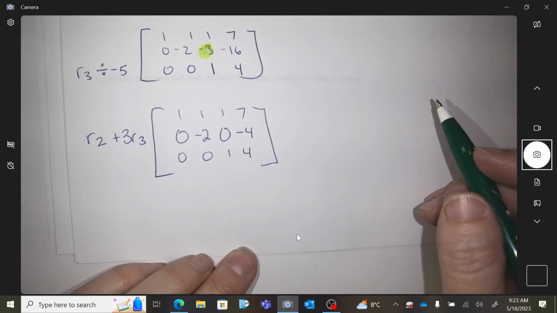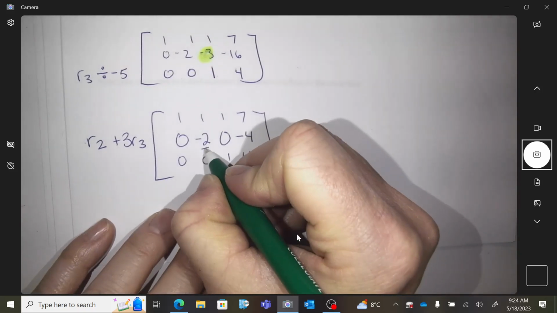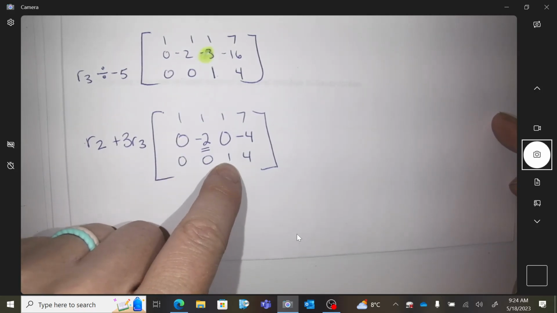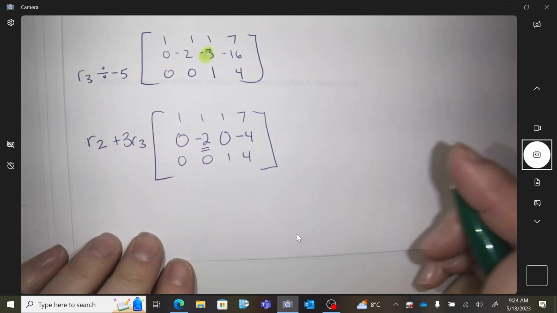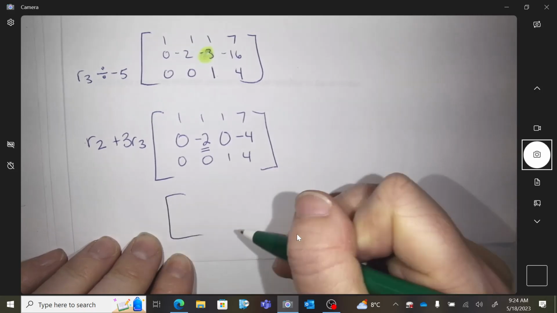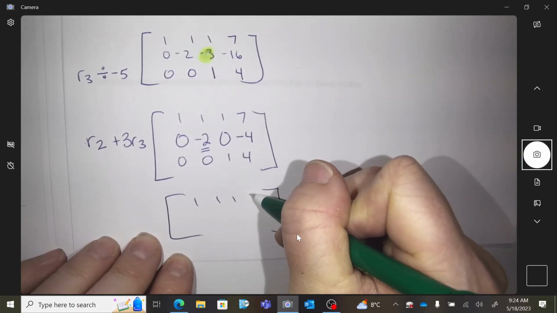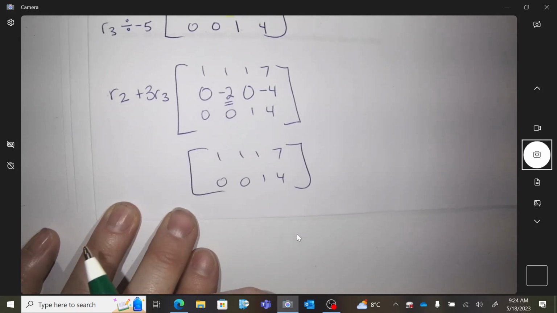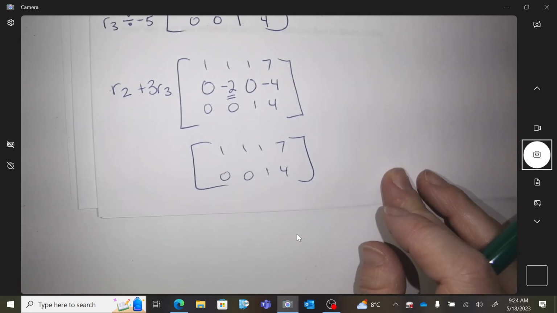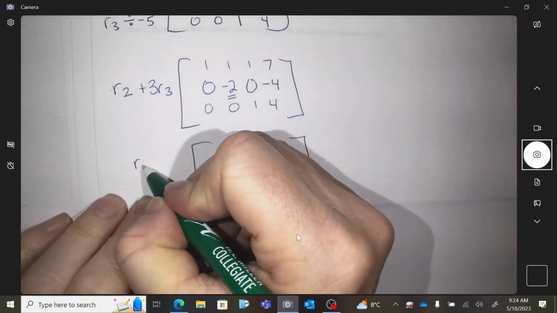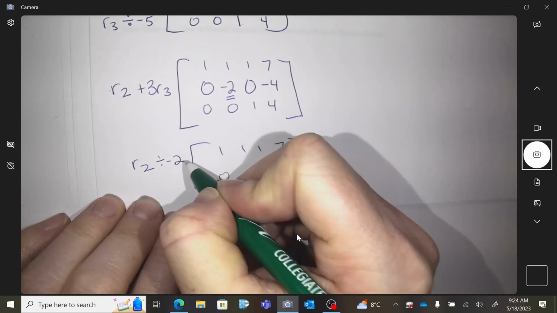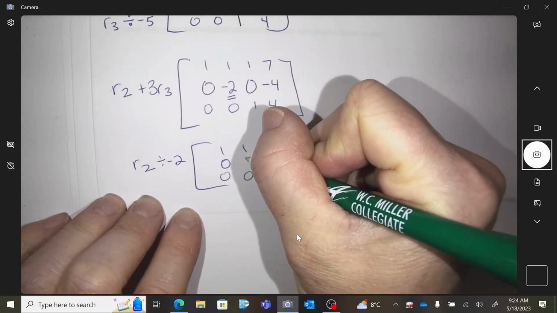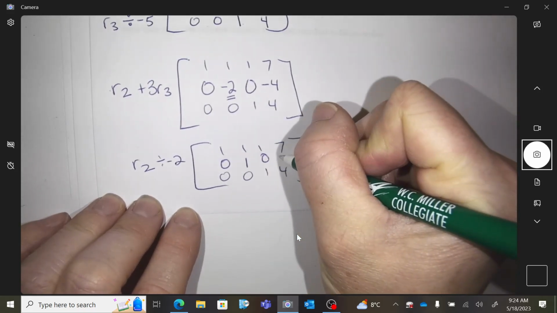Okay, the next, I need a 1. So we did a 0, 0, 0, 1, 0, 1. So I need to 1 that out. So what do you want to do to make a 1 there? Row 2 divided by negative 2. So 0, 1, 0, 2.